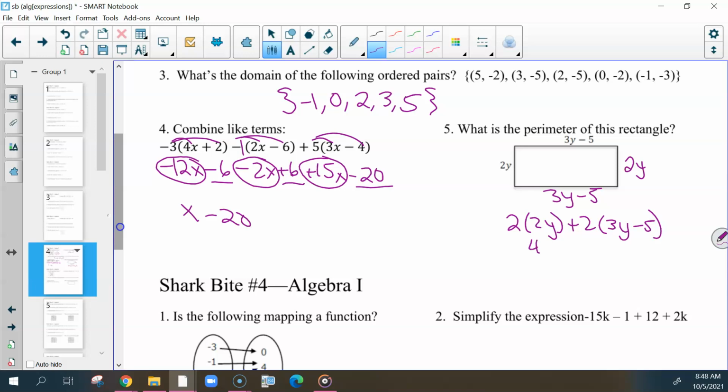So this would give us 4y plus 6y minus 10. Combine your y's to get 10y minus 10. If we knew what the value of y was, we could actually find the perimeter, but it didn't ask us to do all of that. And we don't know what y is.